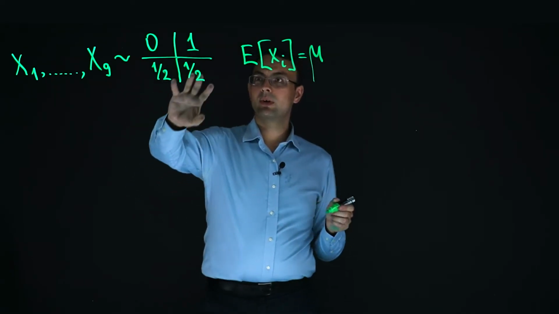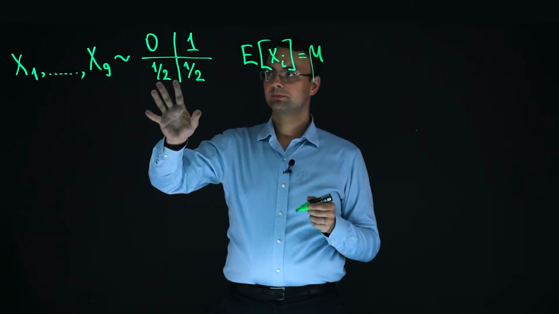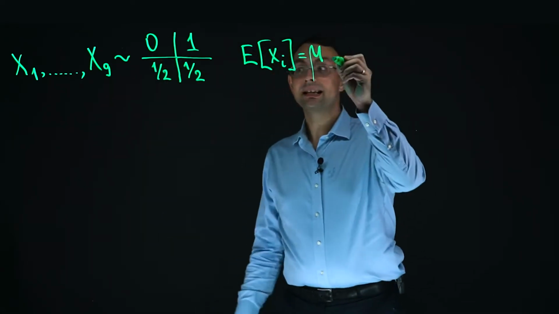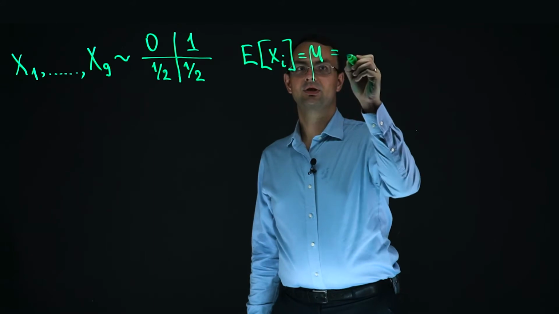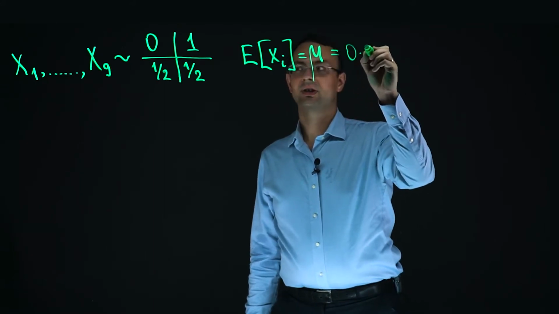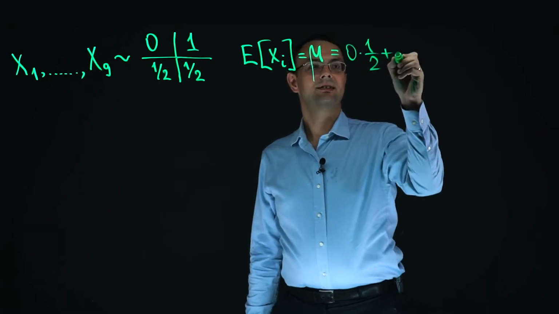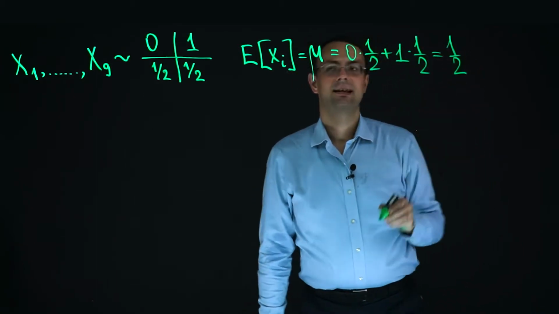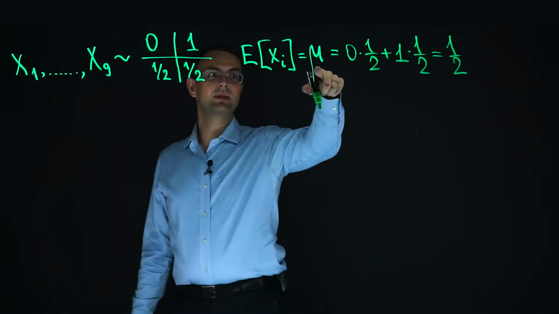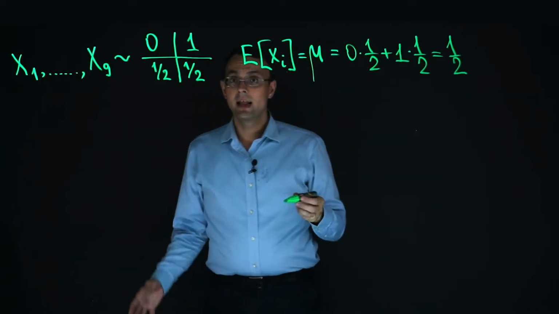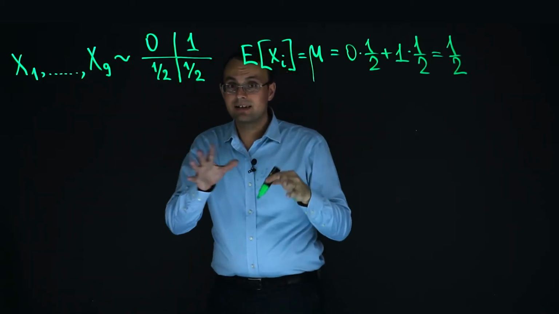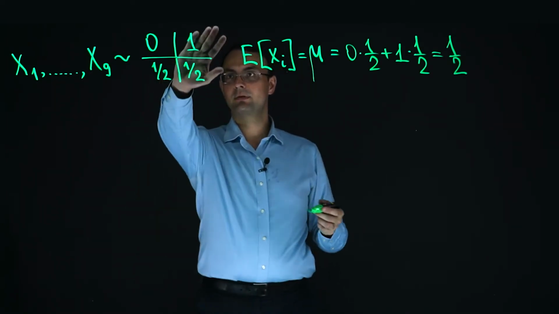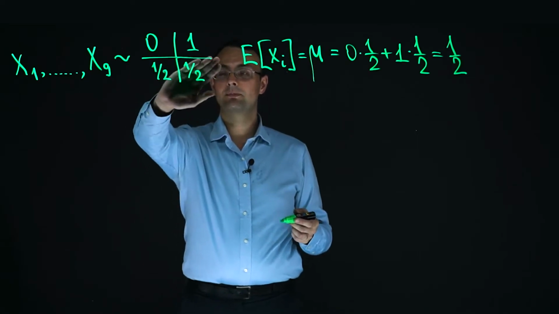In this case we know mu, so we can find that the real value of mu is just 0 times 1/2 plus 1 times 1/2, that is 1/2. So the real value of mu is known here, but because this is an academic example. In real life, when we estimate something, this distribution is at least partially unknown.